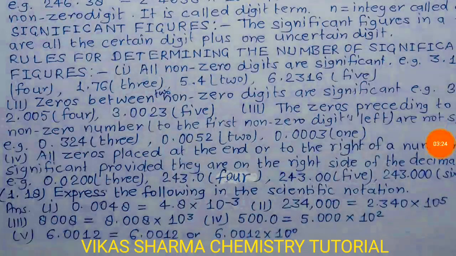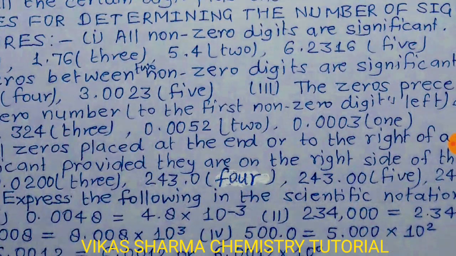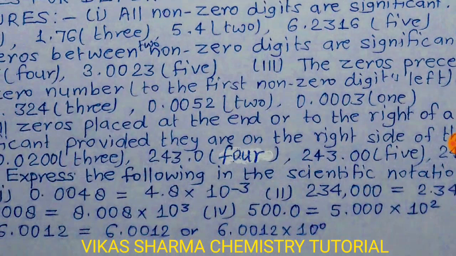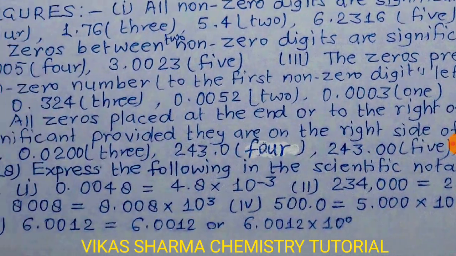Student, in NCERT exercise question number 1.18, express the following in scientific notation. The very first question, 0.0048. You know the rule. This is 4.8 into 10 to the power minus 3, because only one digit is before the decimal. Second, 234,000. We convert it to 2.340 into 10 to the power 5.